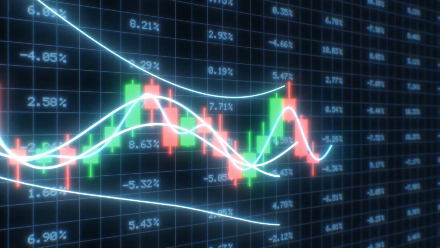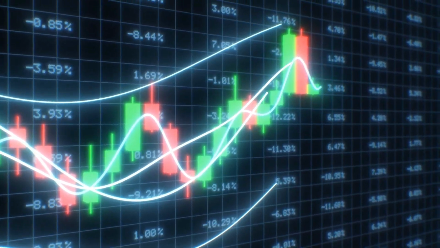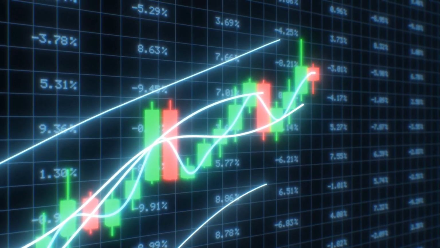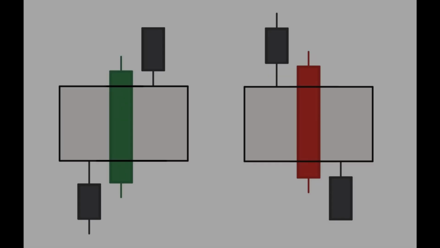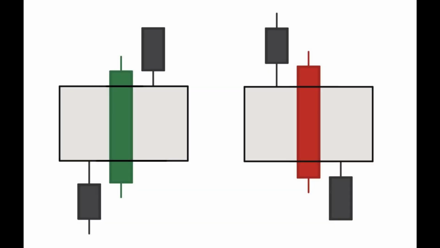So at first, just quickly explaining what a fair value gap is, just to make sure that we're on the same page. Fair value gaps are basically just imbalances or inefficiencies in the marketplace, and they are one of the things that the market algorithm is drawn to, meaning that the market rarely leaves a fair value gap unfilled.